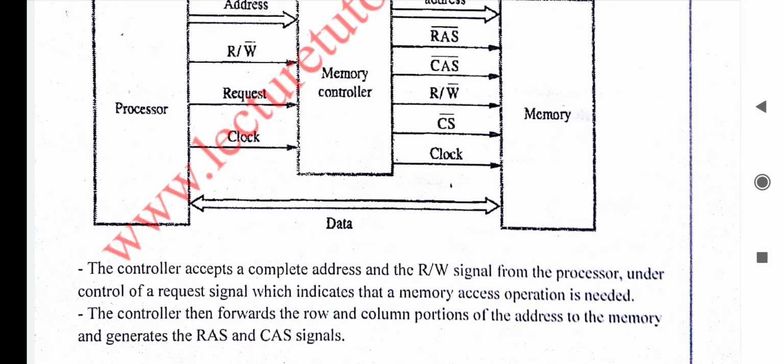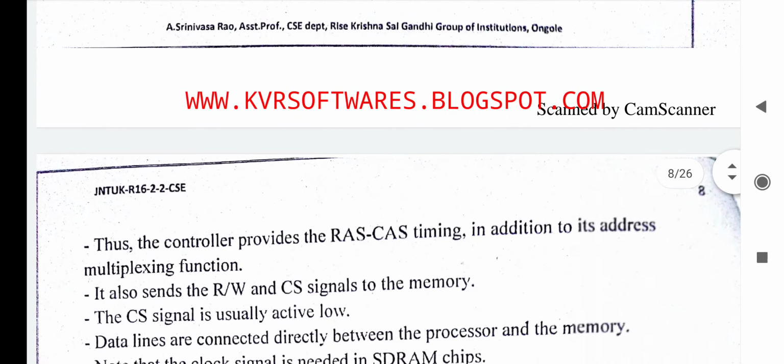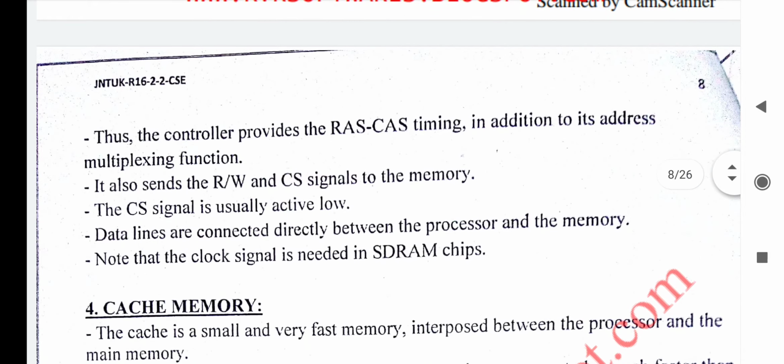The controller then forwards the row and column portions of the address to the memory and generates RAS and CAS signals. Thus the controller provides row access or column access timing in addition to its address multiplexing function.